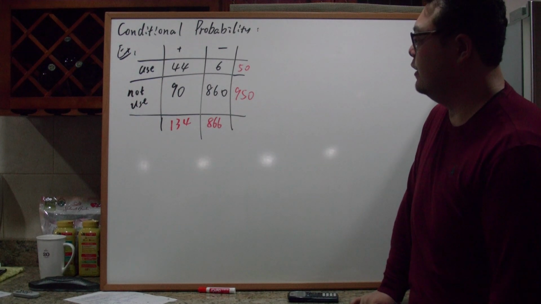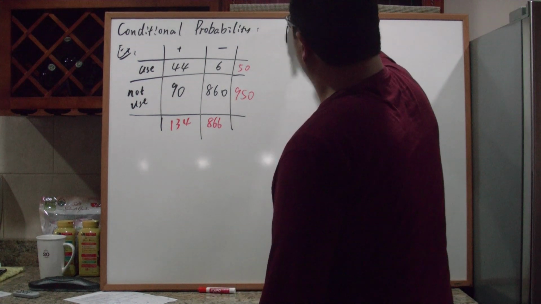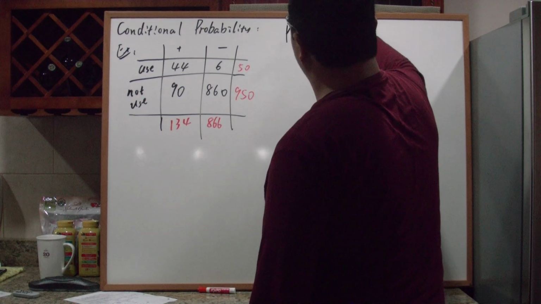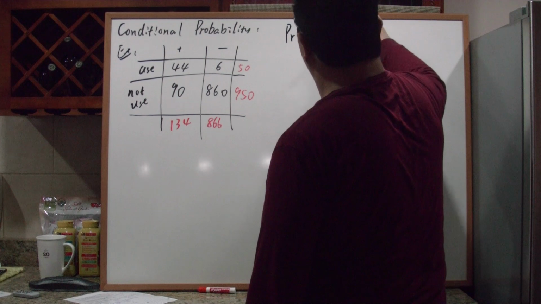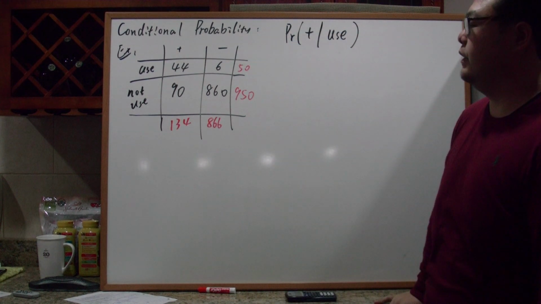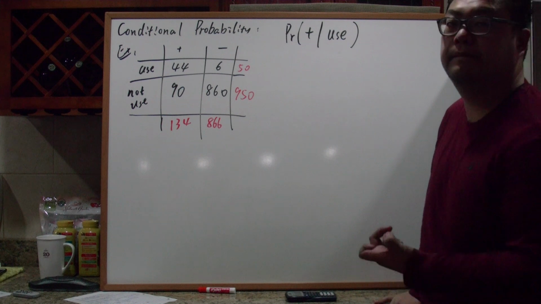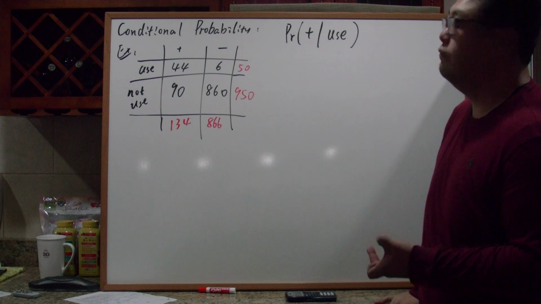Now let's do something else. Find the probability of getting a positive result, given that the selected individual uses drugs, right? That one is the one we have asked.